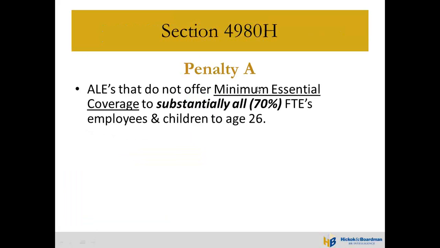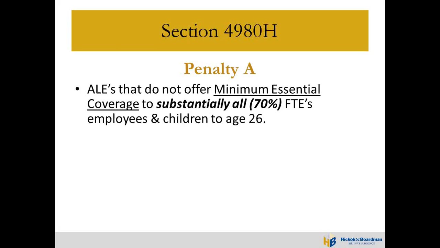Under Section 4980H, there are two different penalties that an applicable large employer could be subjected to for various reasons. The first part of it, penalty A, says that if you do not offer minimum essential coverage to substantially all, which for 2015 is 70% of your full-time employees, and those include equivalents, FTEs in this sense stands for full-time equivalents, employees and children to age 26.